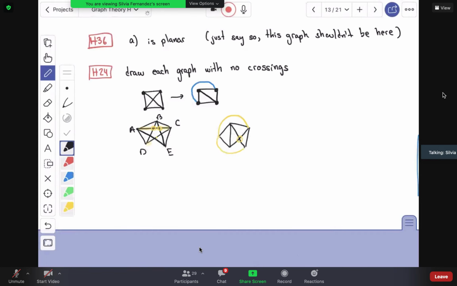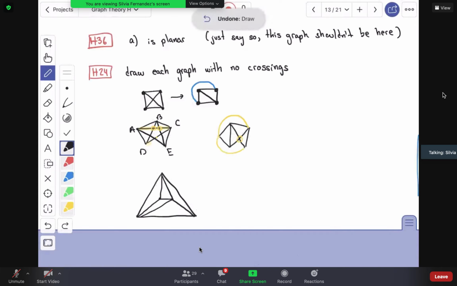So here's one way of drawing K5 with fewer crossings. With only one crossing. Okay. You see that this is K5? Every vertex is joined to the others, but it only has one crossing.